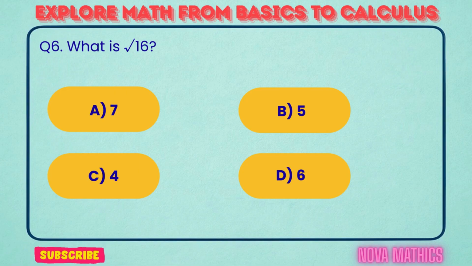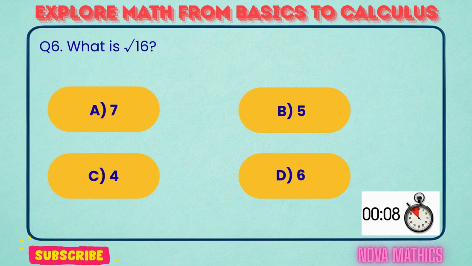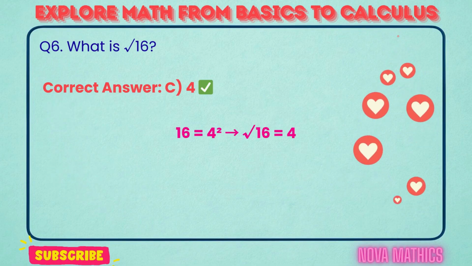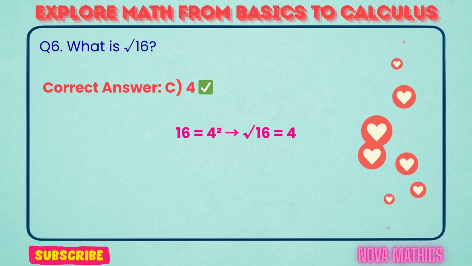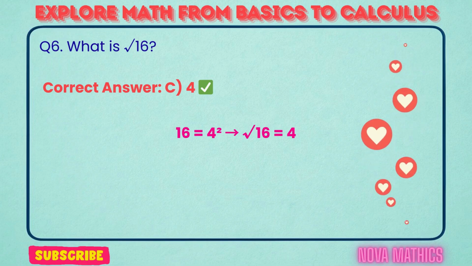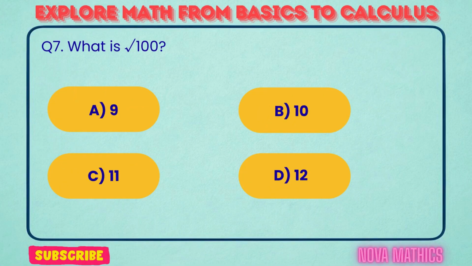6. What is the square root of 16? Correct answer is 4. 4 squared is 16, so the root is 4. 7.